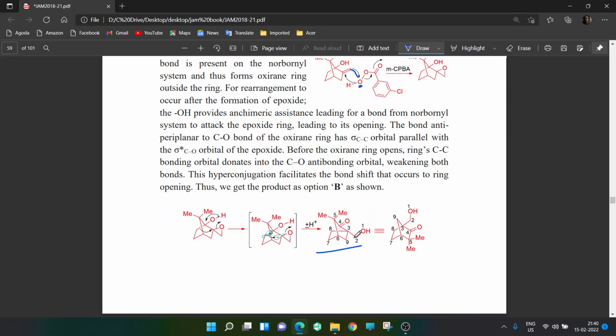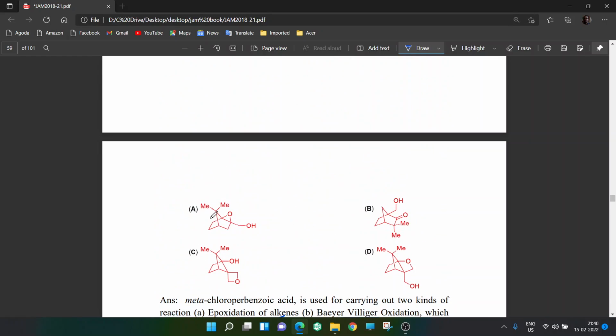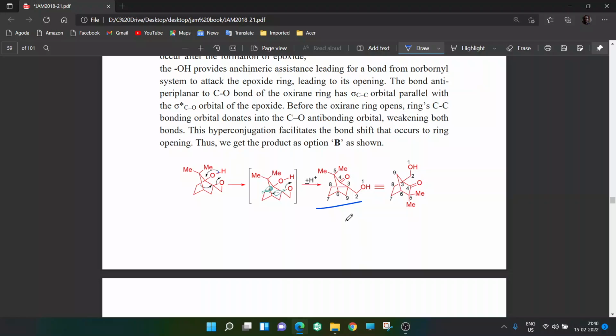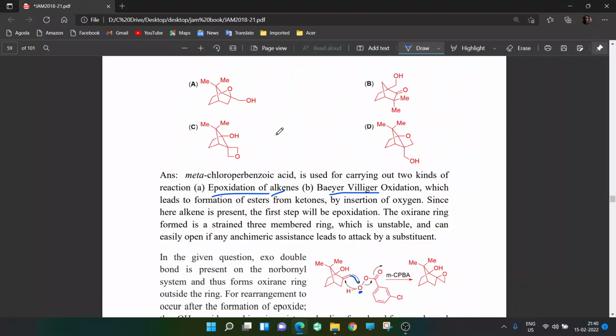Now if you see the options, none of them look similar to this product. So I have to open up and check it out. How do we do it? I just gave the numbers 1, 2, 3. So here 1, 2, 3, OH put up, because I saw something like this molecule here. I could correlate, it was like this, 1, 2, 3.